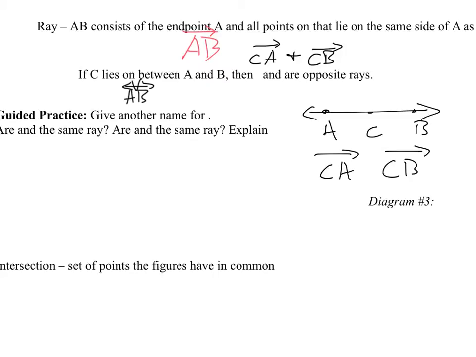So here we have opposite rays. We have one going in this direction, and our opposite ray is going over here. They're both starting at point C and moving in opposite directions.